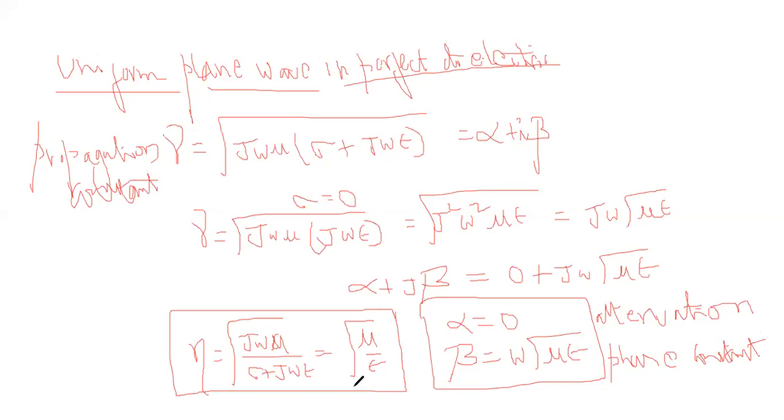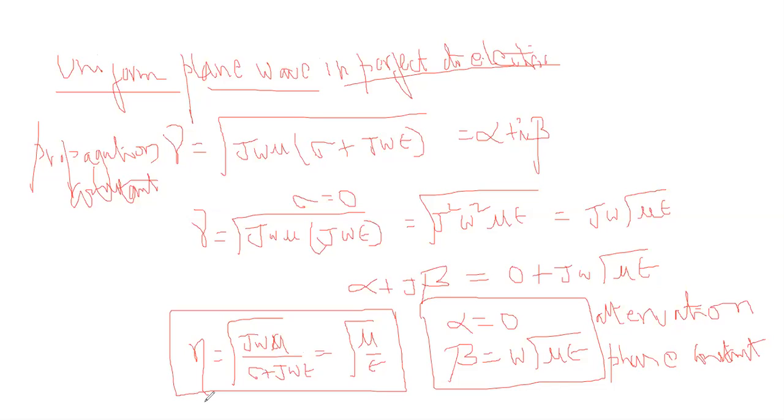Now, if I say it is a lossless dielectric, why is it lossless? If there is no attenuation, alpha is 0, simply we can say it is a lossless dielectric.